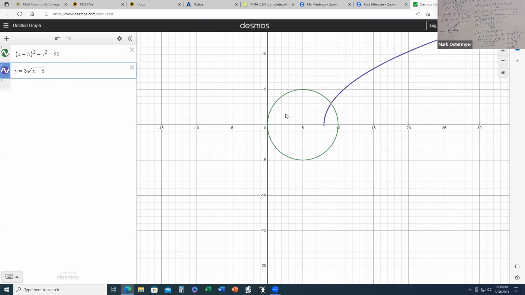You can see it is a circle centered at (5, 0) with a radius of 5. And you can see that our radical function graph is in purple here.